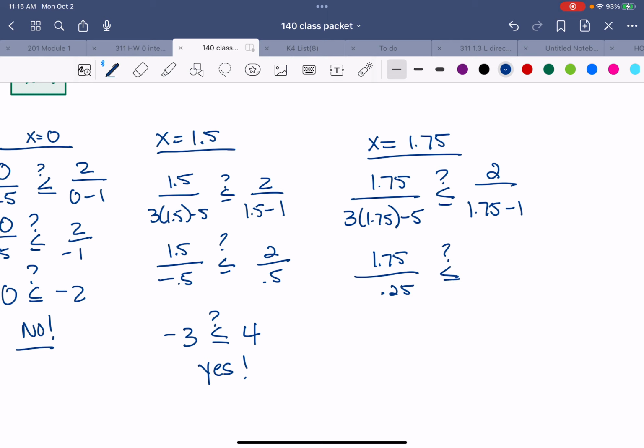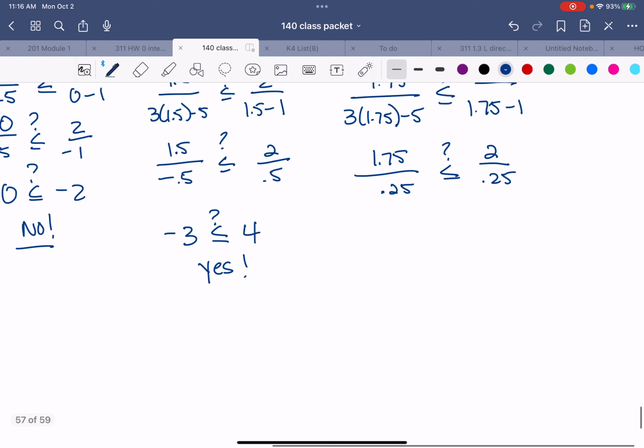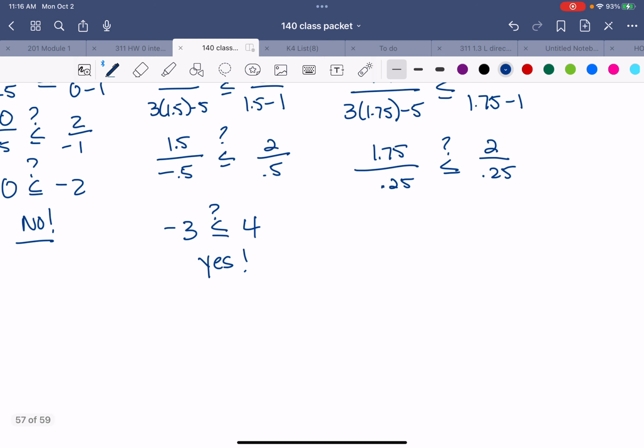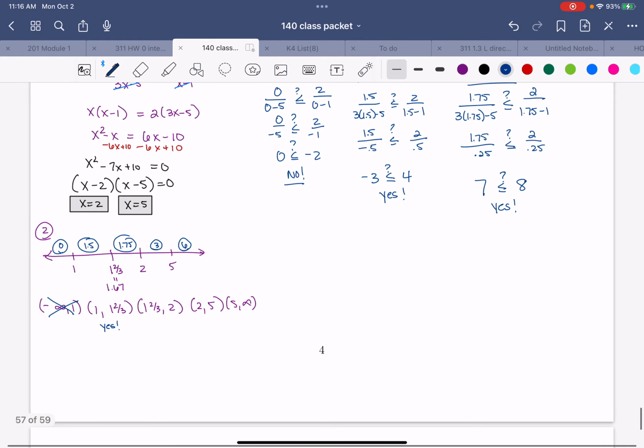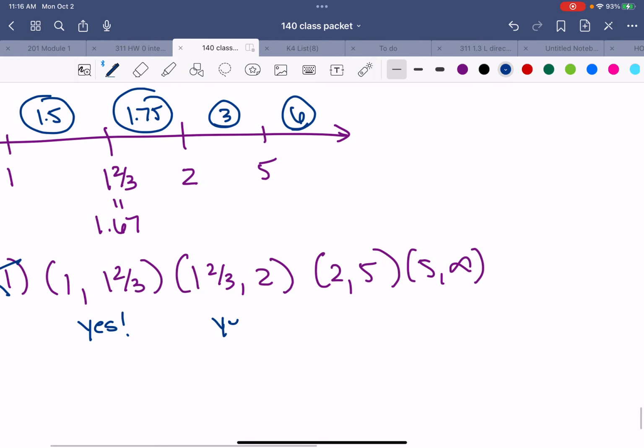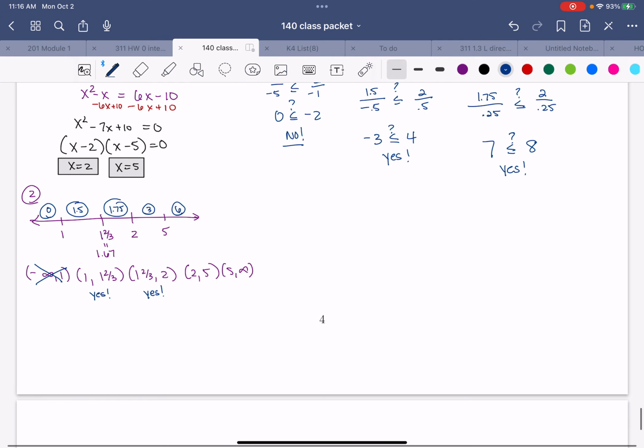Is that less than or equal to 2 over 0.25? All right, 1.75 divided by 0.25 gives me 7. Is that less than or equal to 2 divided by 0.25? Use your calculator here, you get 8. Is that true? Yes, that's true. So I'm going to go down here and say yes. It does work.